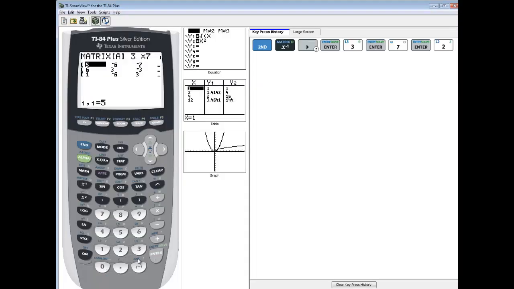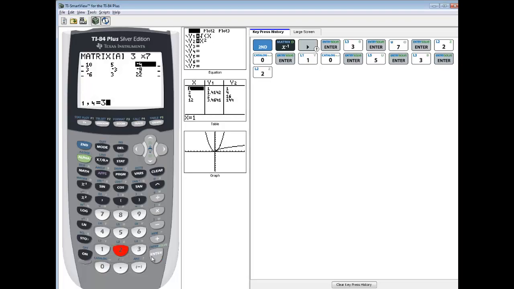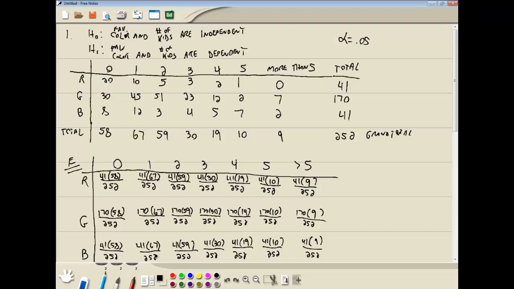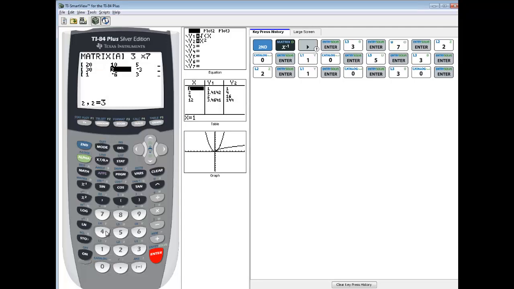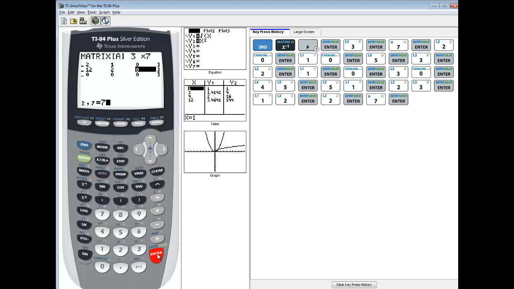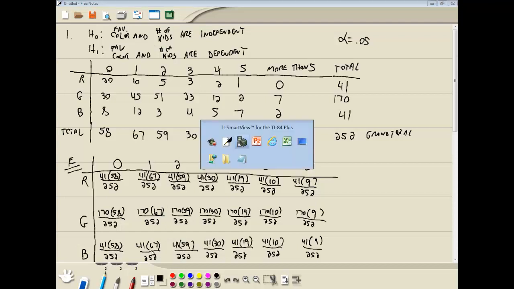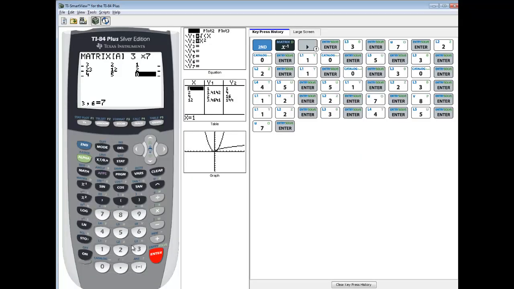And then we'll do 20, enter, 10, enter, 5, 3, 2, 1, 0, 30, enter, 45, enter, 51, enter, 23, enter, 12, enter, 2, enter, 7, enter, 8, enter, 12, enter, 3, enter, 4, enter, 5 enter, 7 enter, 2 enter.